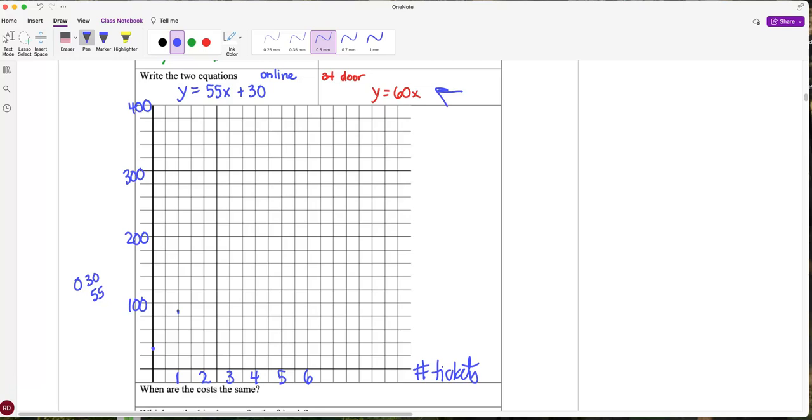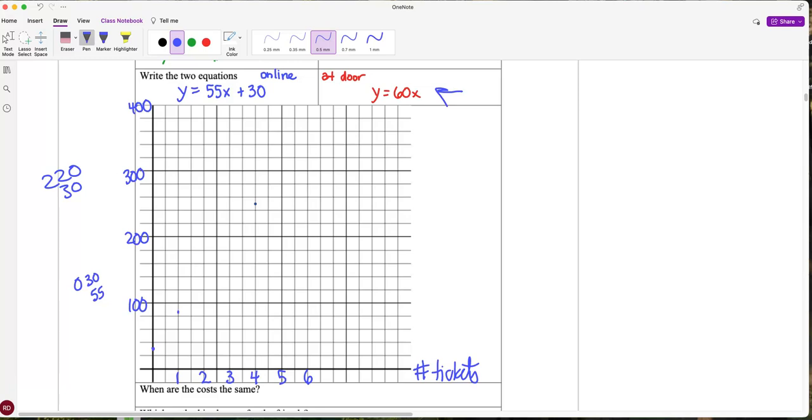If we look and just see, let's find another point. What would happen if I buy, say, 4 tickets? So 4 times 55, that's what, 220? Plus 30 is 250. So at 4, 250, so about right there, okay.